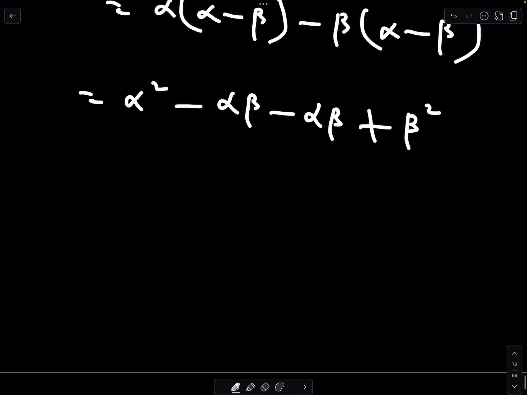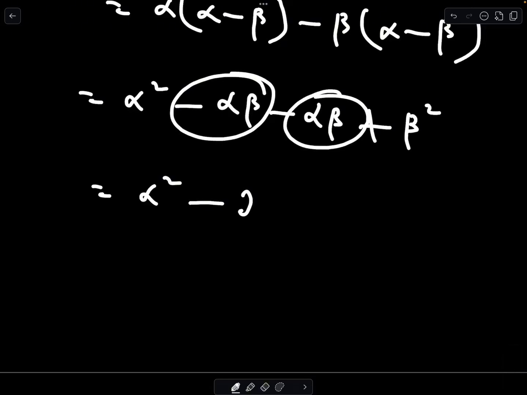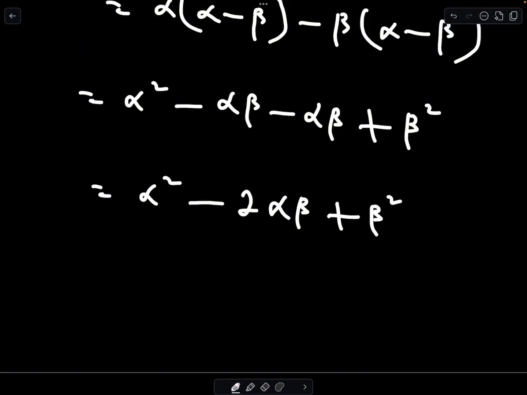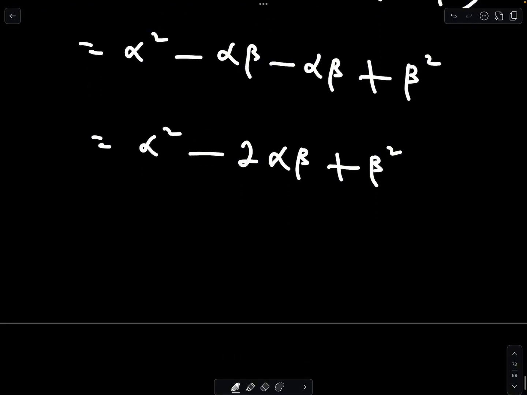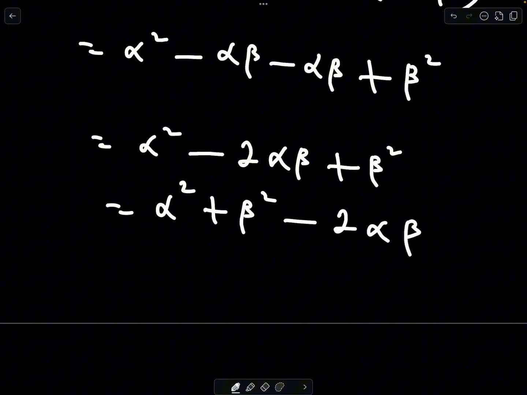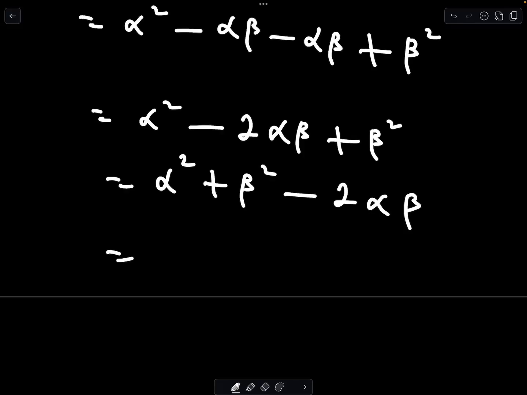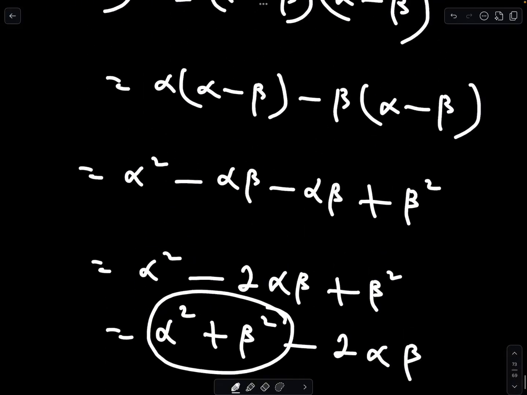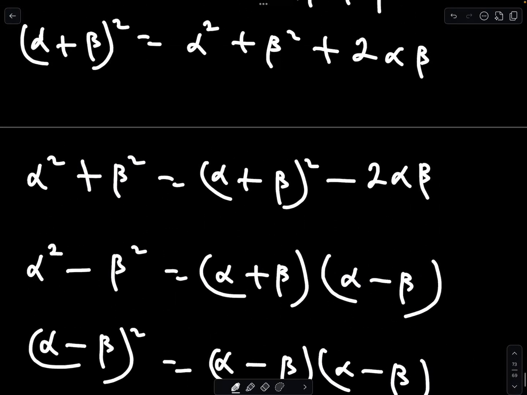That simply means alpha square minus alpha beta minus alpha beta, and then plus beta square. Now, this is the same as alpha square plus beta square minus 2 alpha beta. But I just obtained an identity for alpha square plus beta square, which is alpha plus beta all square minus 2 alpha beta.